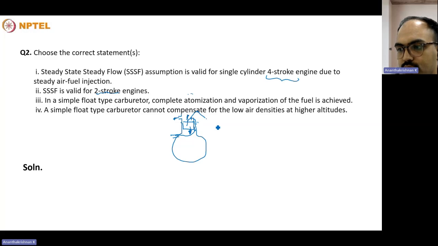There are a lot of processes available, like scavenging, where the incoming air fuel mixture is actually used to push out the exhaust gas.